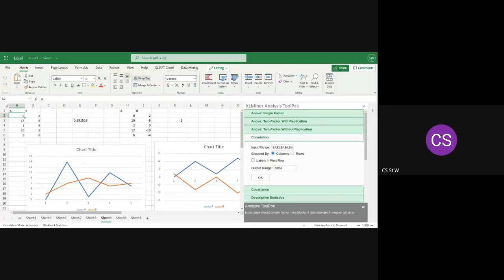Or I've known what I can actually do. I don't need to input all that. I can just say it's from A to dollar sign A2, from A2 up to B6.